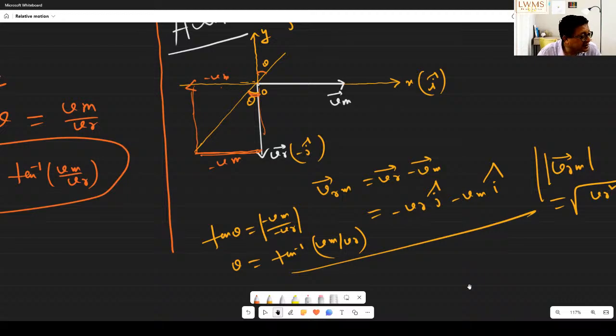When he increases his speed to 6 km/h, it appears to meet him at an angle of 45 degrees with the vertical. Find the speed of rain.